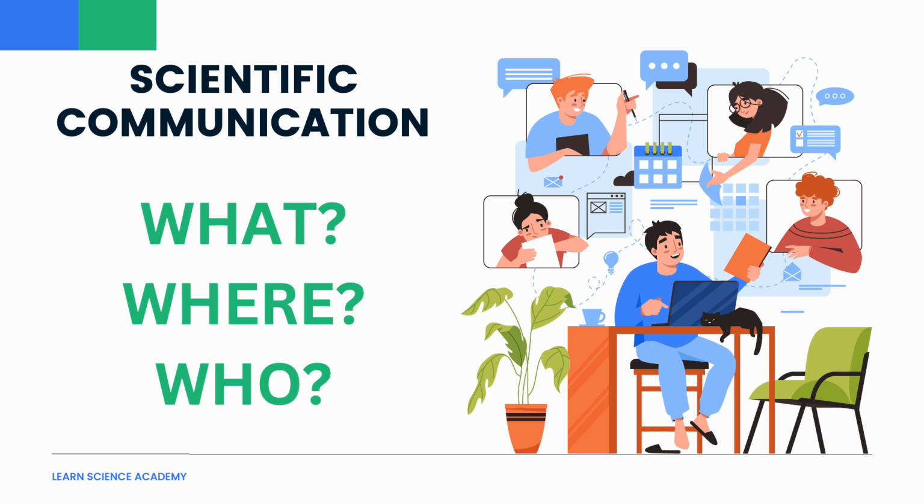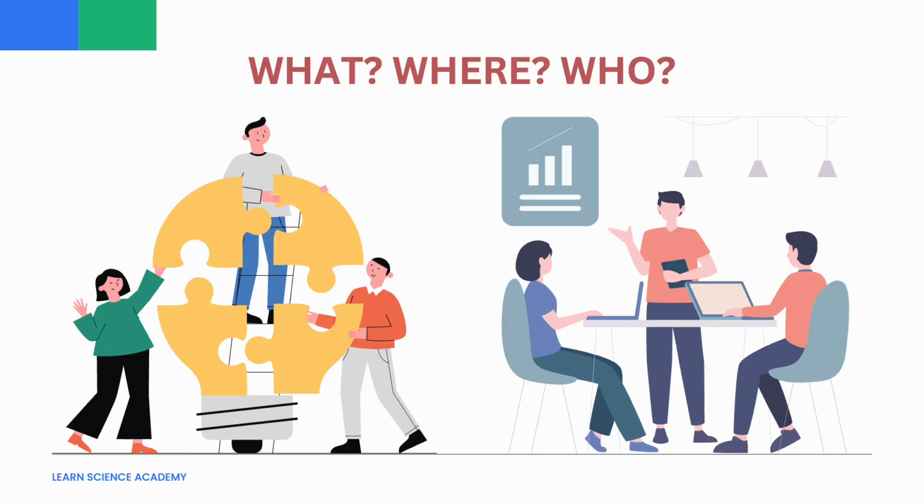Where are we communicating scientific findings for maximum impact? Lastly, who are we communicating this with? Please pause the video for a moment and jot down your own thoughts. We will discuss this shortly.